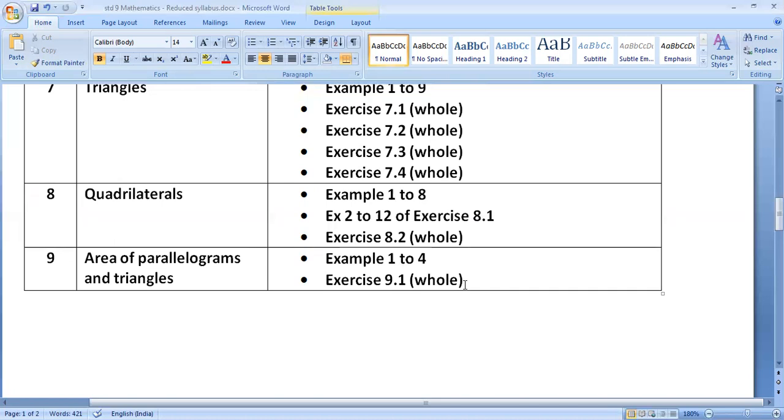Page 156, 9.3, parallelograms on the same base and between the same parallels. Page number 157, theorem 9.1: parallelograms on the same base and between the same parallels are equal in area. You have to prepare the statement, but if you want to see the proof, you should see it on my channel.